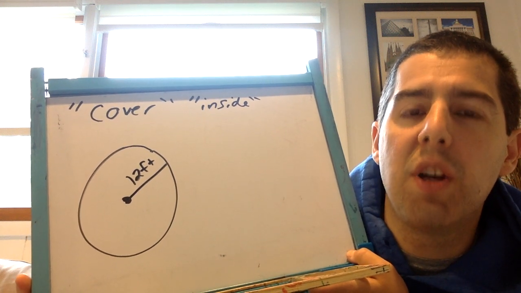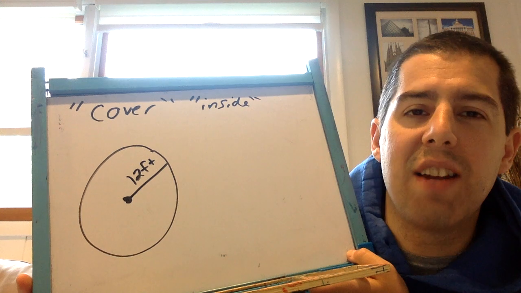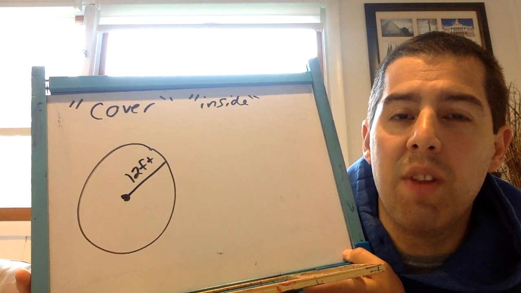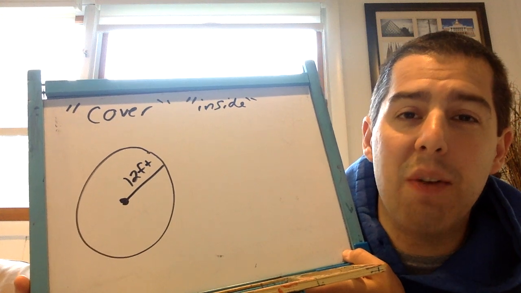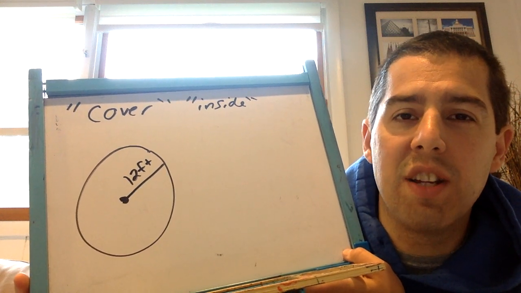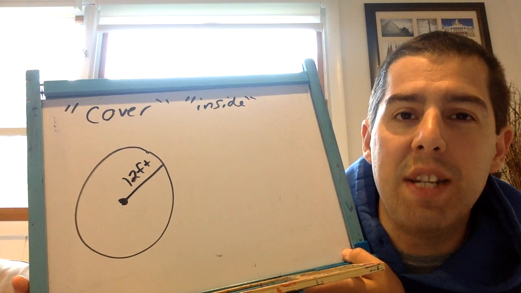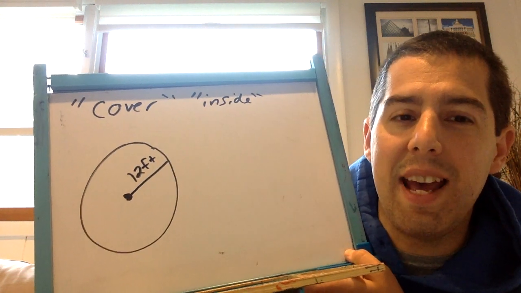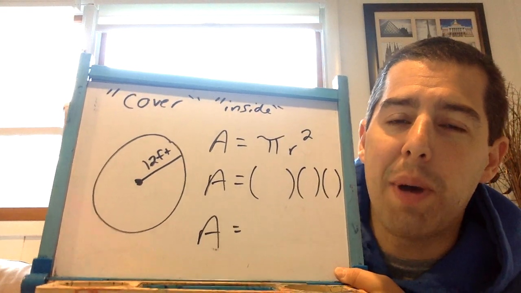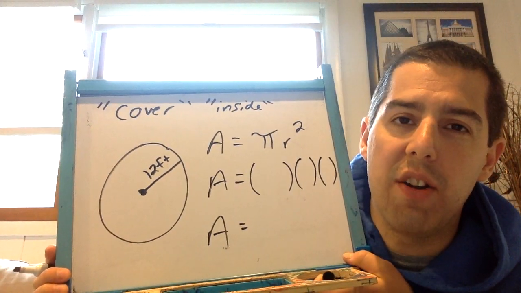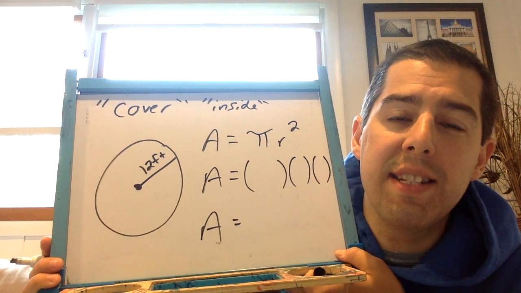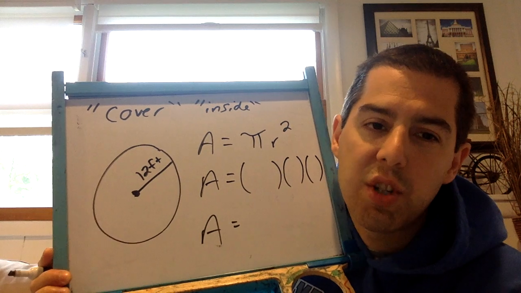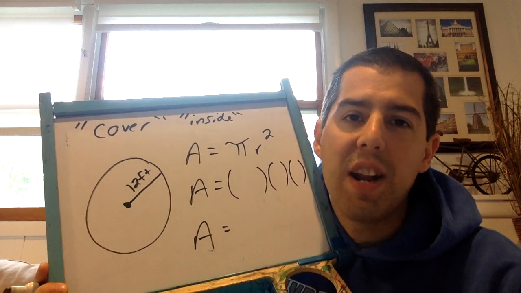If you need to cover the inside of a circle, then you need to find its area. And one of the things that you must have noticed by now is that whether you're doing area, circumference, volume, you need to make sure you're using the right formula. So we look at our formula sheet and we see that area equals pi times radius squared. There's some good news. This time we have the radius already given to us, so I don't need to figure anything out.